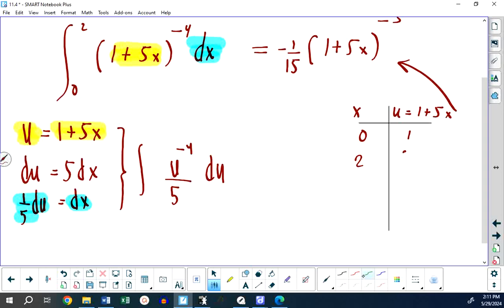This is 1, and I think this is 7. No, 11. Right, put in 0 for x, you get 1 for u. Put in 2 for x, you get 11. So if you wanted to, you could do this. And as I said yesterday, I think this is actually a smarter move. It's going to make the calculation in the end easier.